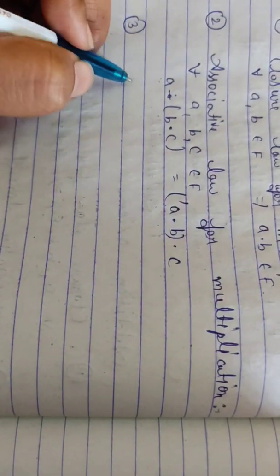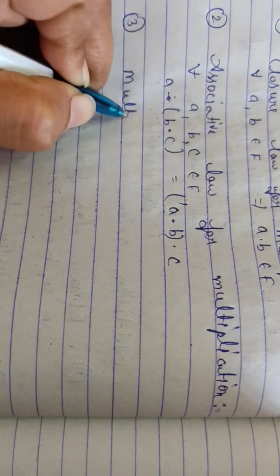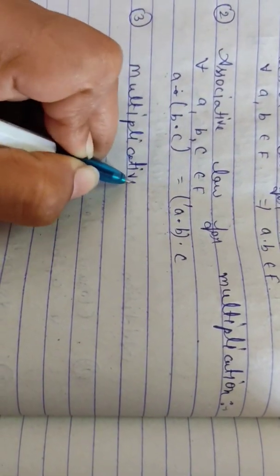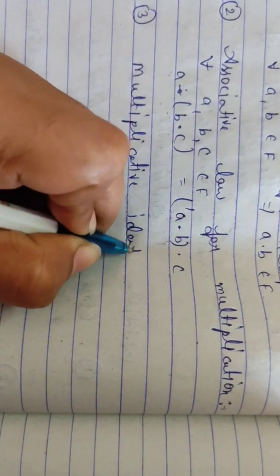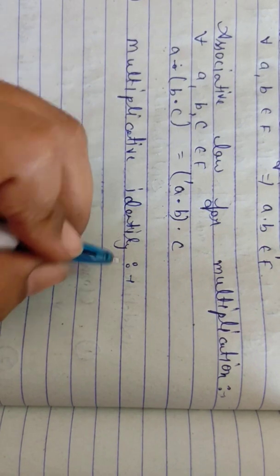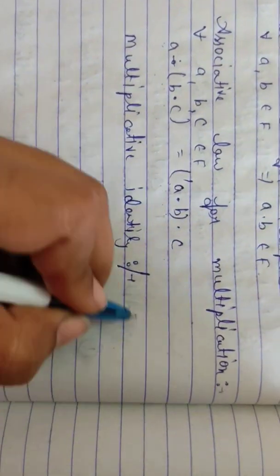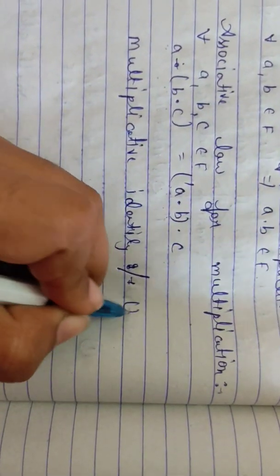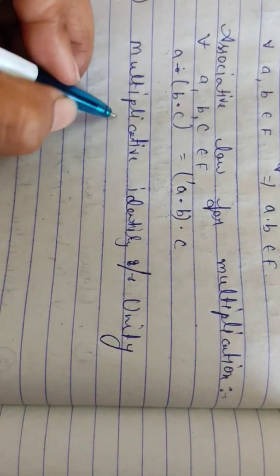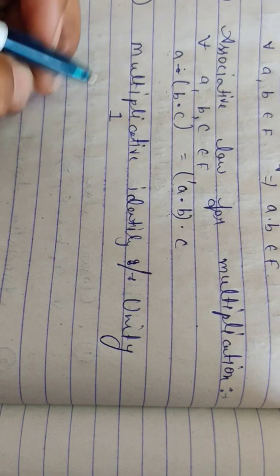Third is multiplicative identity. Multiplicative identity is also called unity, and we represent it by simply 1.